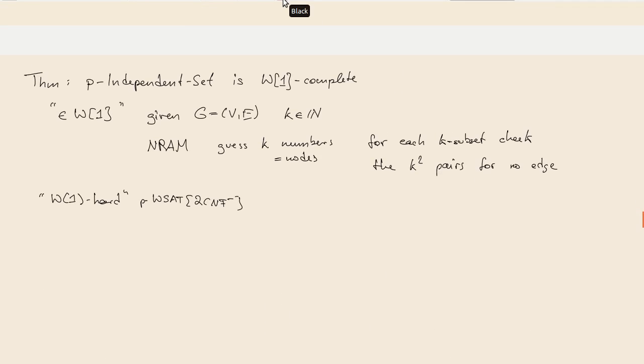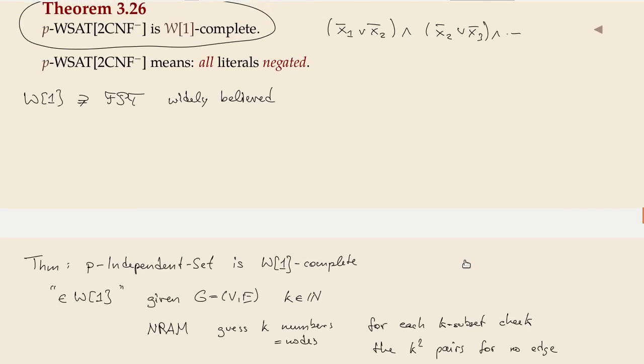It's just a name. So we show that we can reduce our mother of all problems to p-independent set. That's probably not a big surprise. So what we have to do is encode such a formula as an instance of independent set. If you look at it, there's nothing to be done.